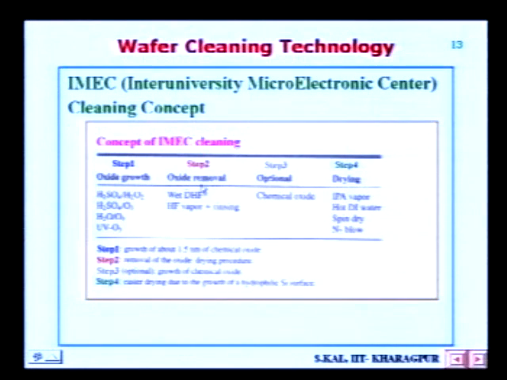In step 2, we remove that oxide by either dry hydrofluoric acid or hydrofluoric acid vapor, and rinsing. Step 3 is optional, where you can again form a chemical oxide, and step 4 is the drying. So either steps 1, 2 and 4 give you the IMEC cleaning, or you can also use the optional step 3. This combination of the 4 steps is known as the IMEC cleaning.